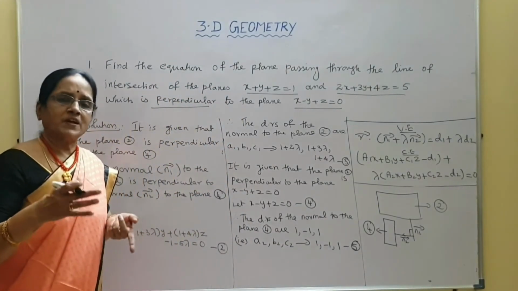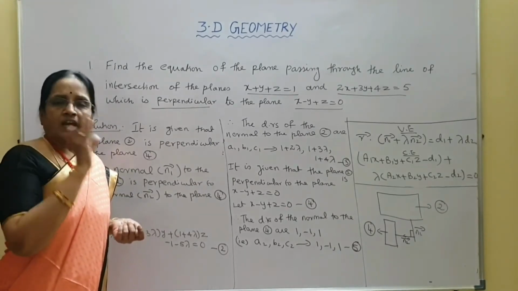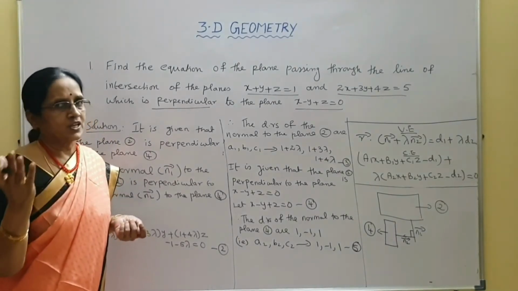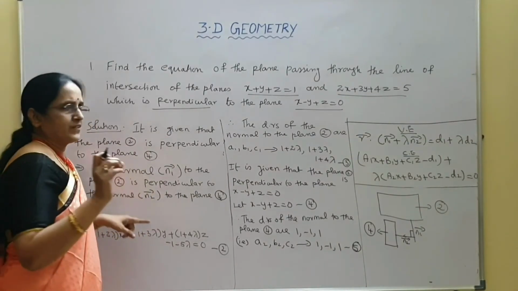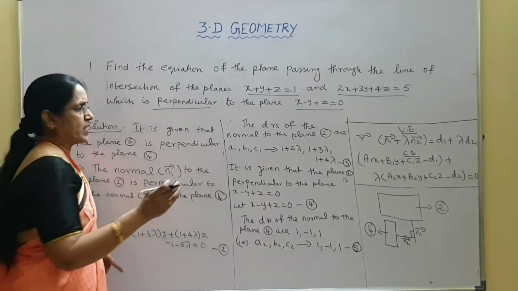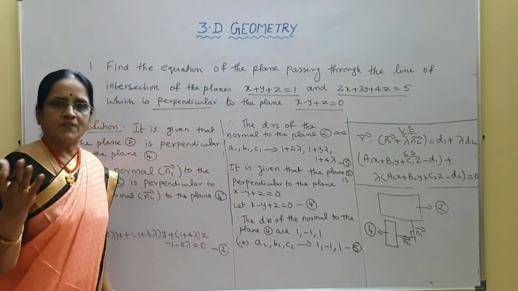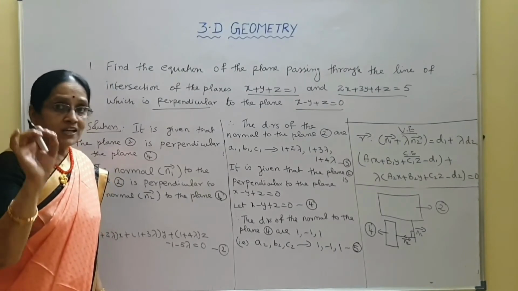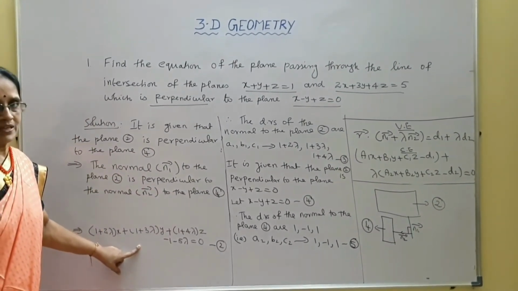Since n1 is perpendicular to n2, we know the condition for perpendicularity a1 a2 plus b1 b2 plus c1 c2 equal to 0. So when we substitute the value of a1, b1, c1, a2, b2, c2 from 3 and 5, we will get to know the value of lambda. That value of lambda should be substituted in 2 to get the equation of the plane.